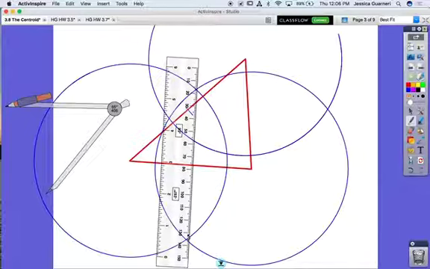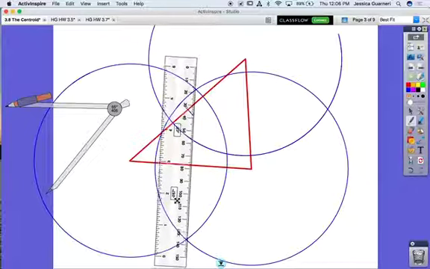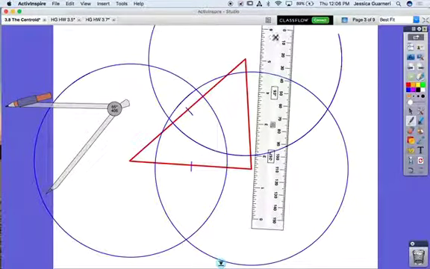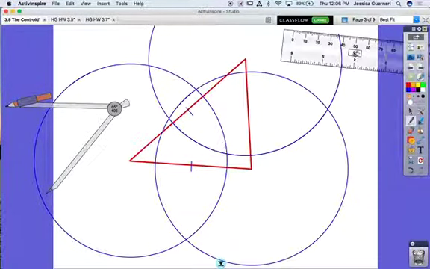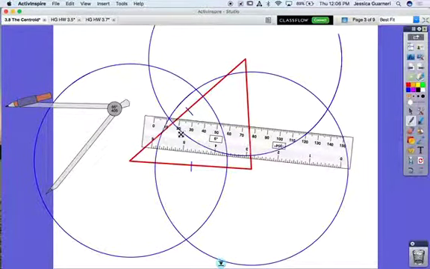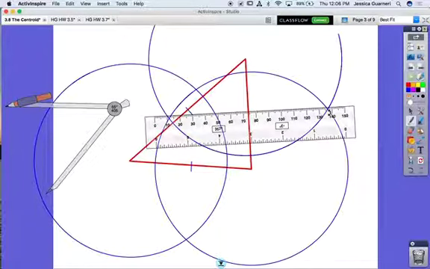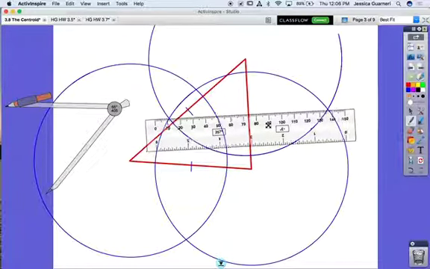I have to find the medians. I need the midpoint, and I need the vertex in order to find if the medians are concurrent.